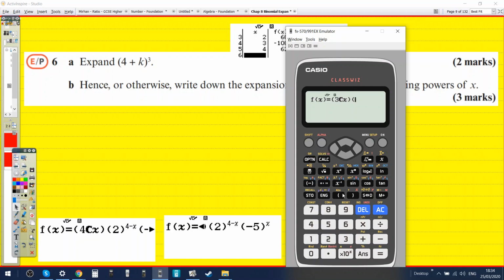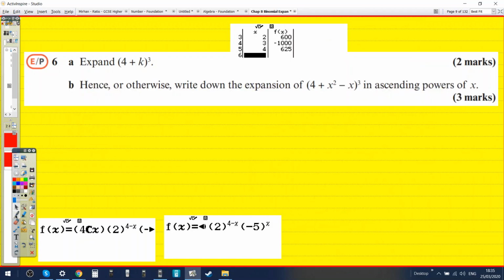Then it is 1 bracket is 4, and this is to the power of 3 minus x. And then the second bracket is 1k, so I'll use 1, and that's to the power of x. So I'm just trying to speed it up a bit. That's from 0 to 3. So we get, these are our coefficients.